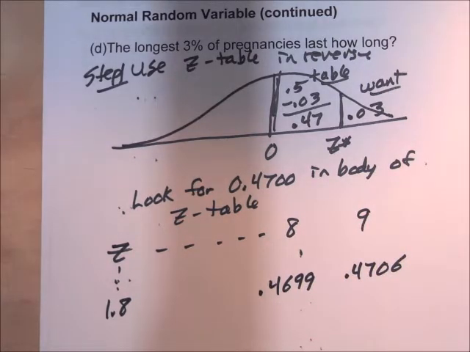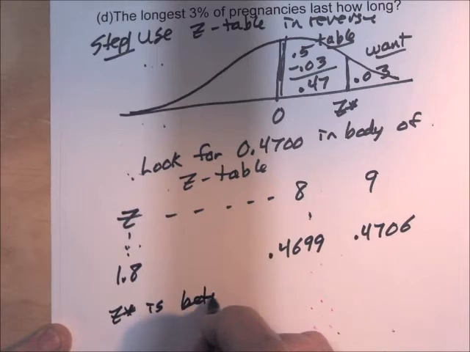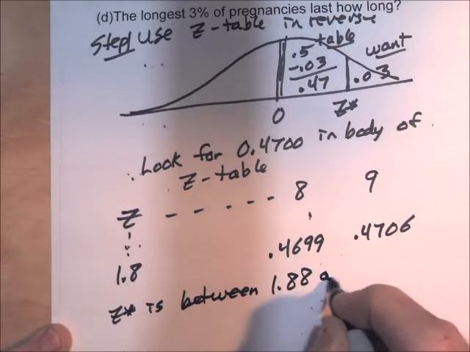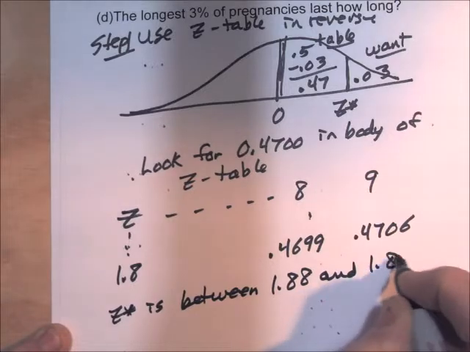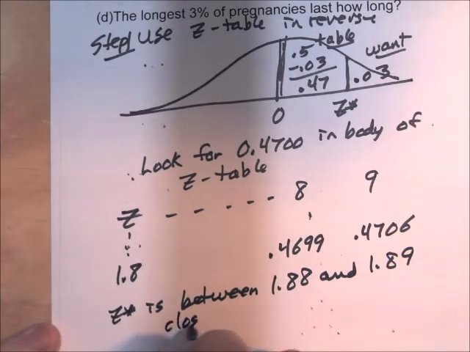So z star is going to be between 1.88 and 1.89. It's closer to 1.88.